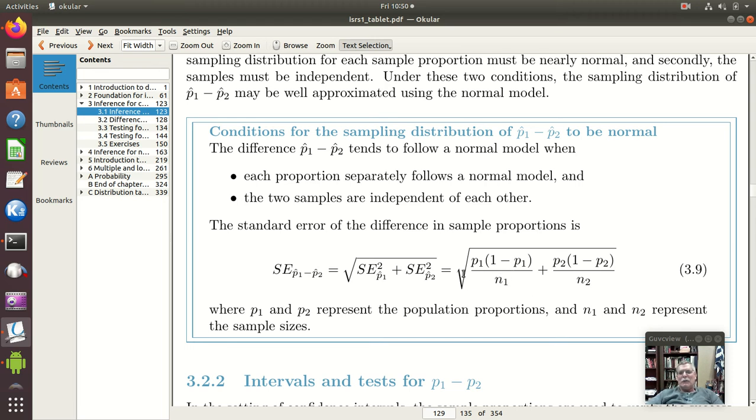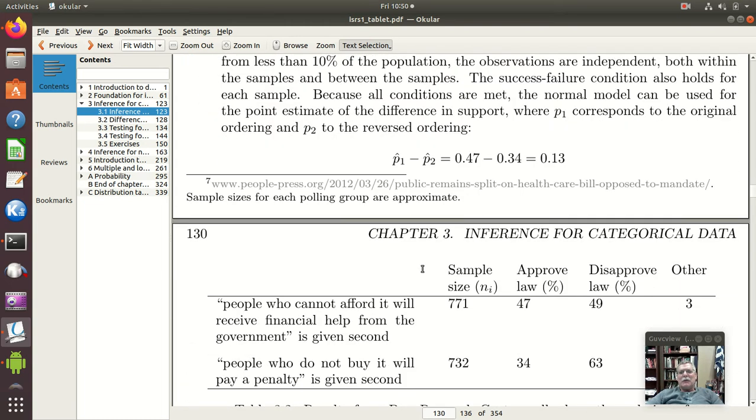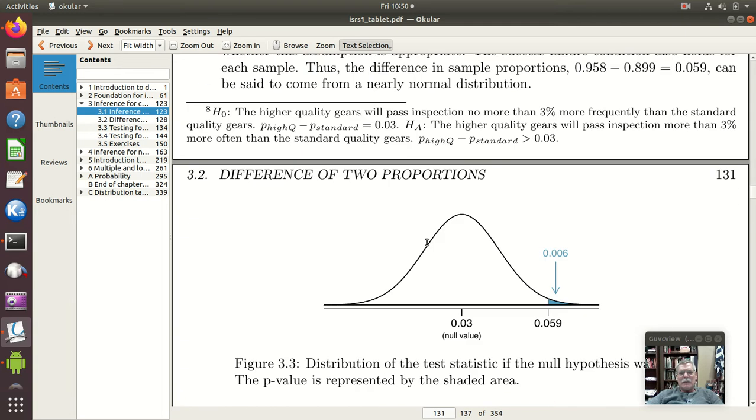We just add these two things together, the P1 times 1 minus P1 over N1 and the P2 times 1 minus P2 over N2. So that looks just like what we did before, but we're adding them together, and then we take the square root of the whole thing. Okay, now, so that's one way to calculate it.